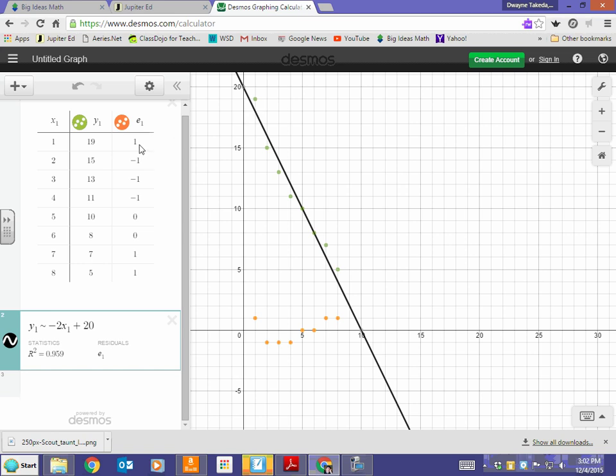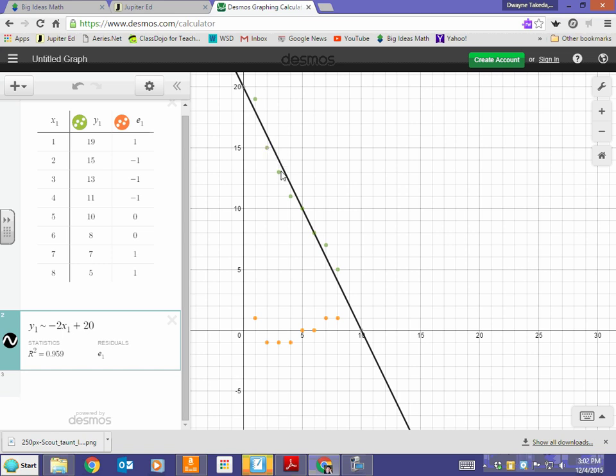So we have a difference of positive 1. This point is 1 above the line. Then at 2, we've got 15, but our line says it should be 16, so we're 1 below that line. Here at 3, our line says 14, but our data says 13, so a negative 1.